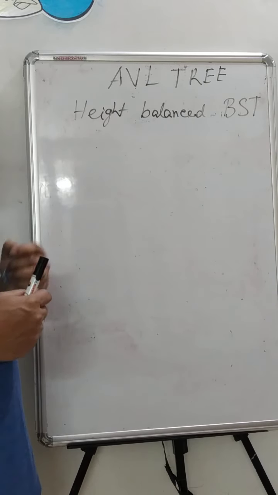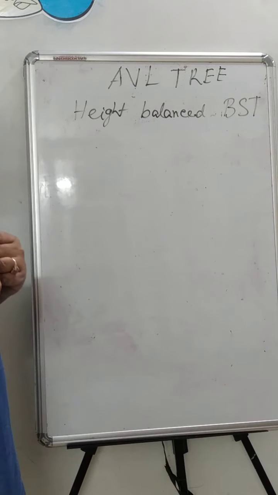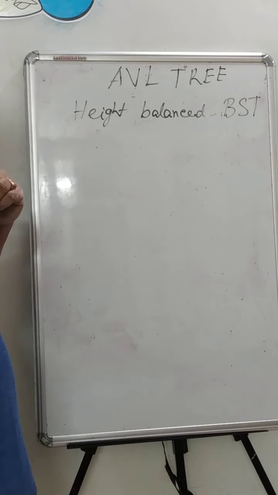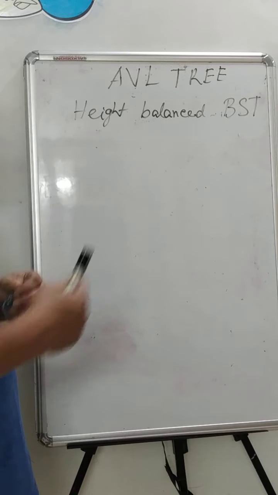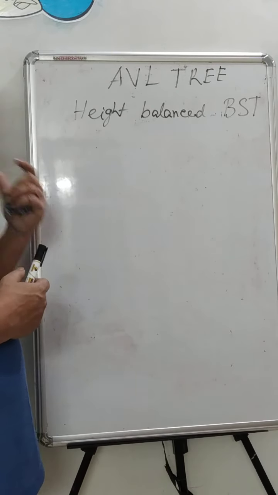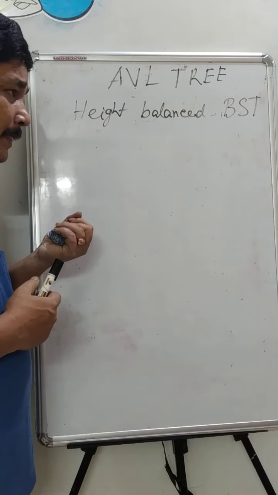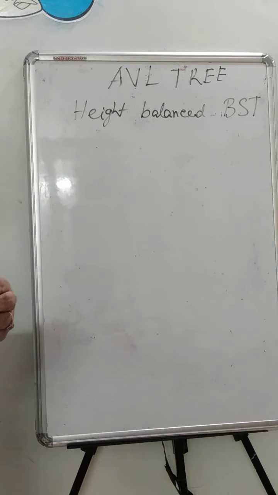But in the AVL tree, after putting it in the required position, we have to check whether any imbalance arose due to this new insertion. So let us take an example.